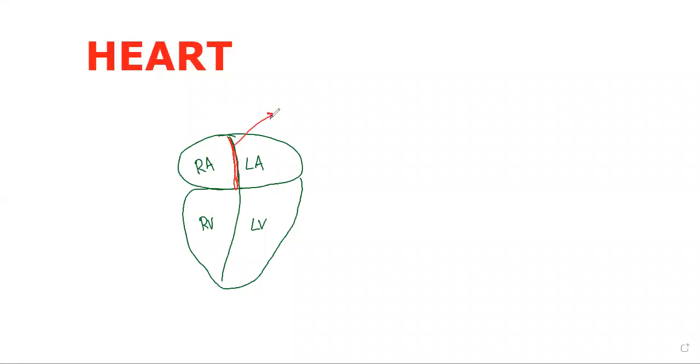Right atria and left atria are separated by the interatrial septum. The right ventricle and left ventricle are separated by the interventricular septum.